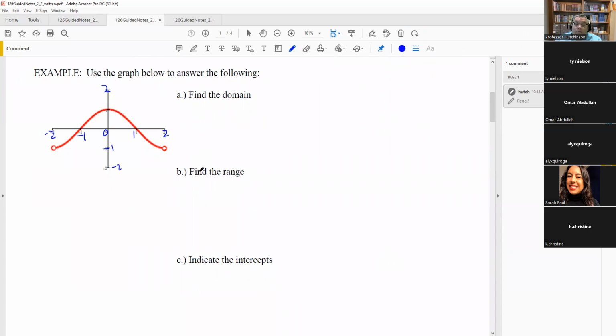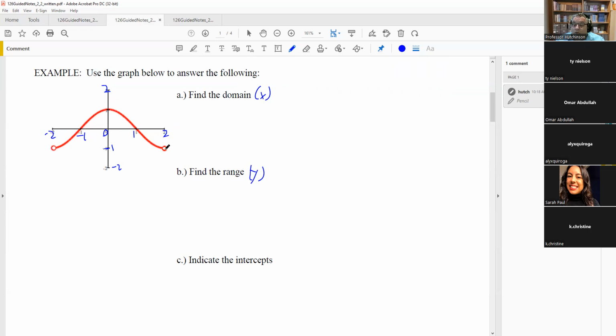All right, so the domain is talking about the x values the graph uses. So we're looking at all the x values the graph uses would be domain. So again, domain is x, and the range is y. If I look at this, the graph only exists between the x values of -2 and 2. So my domain is going to be from -2 to 2.